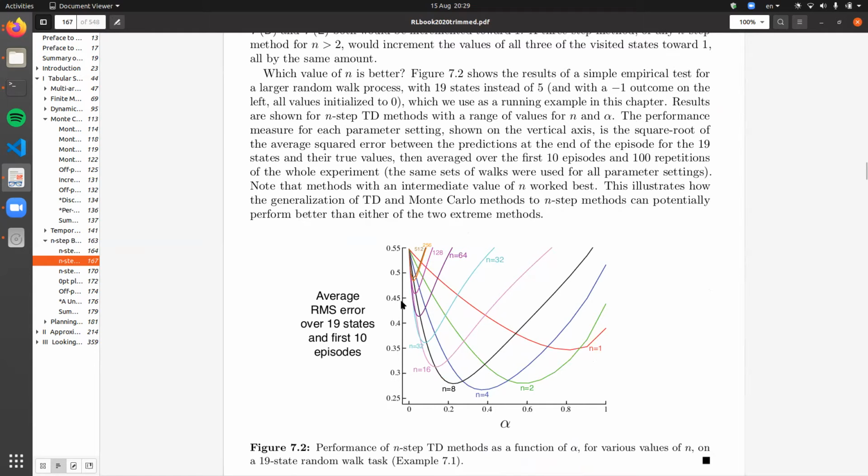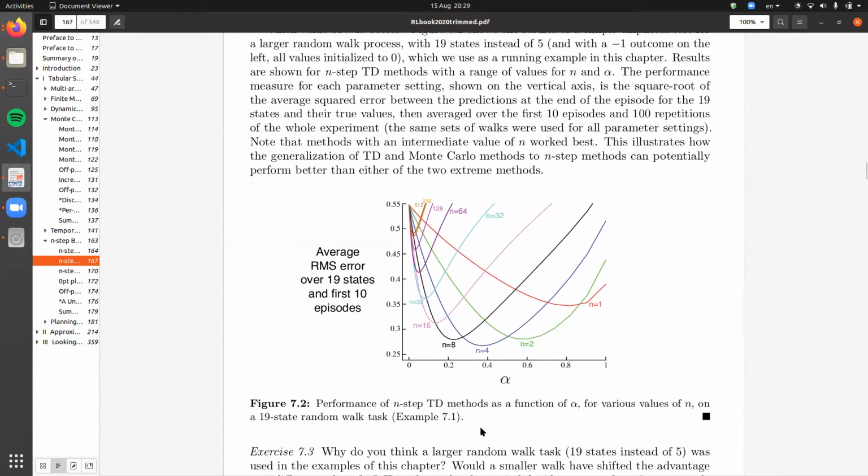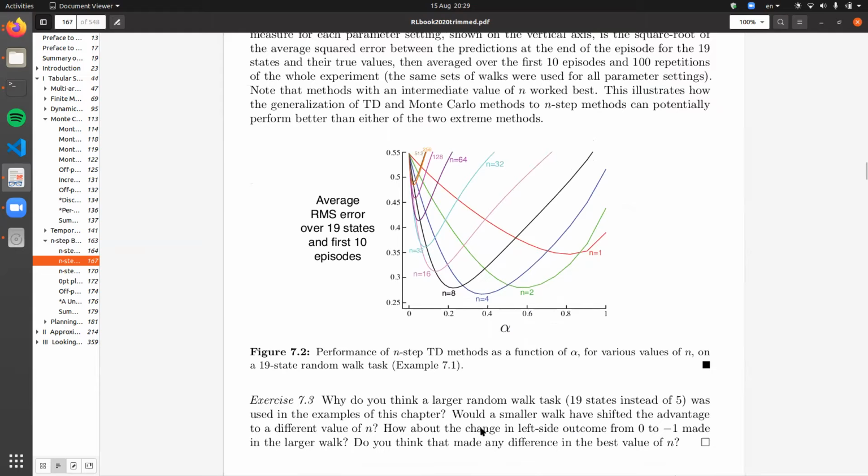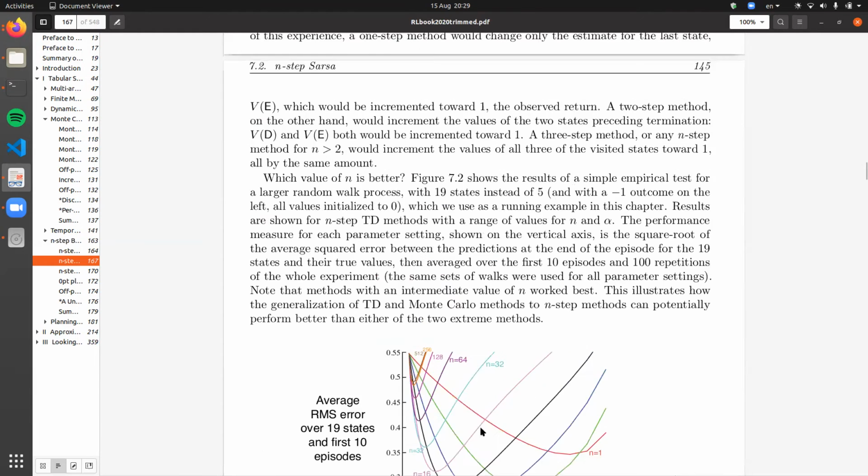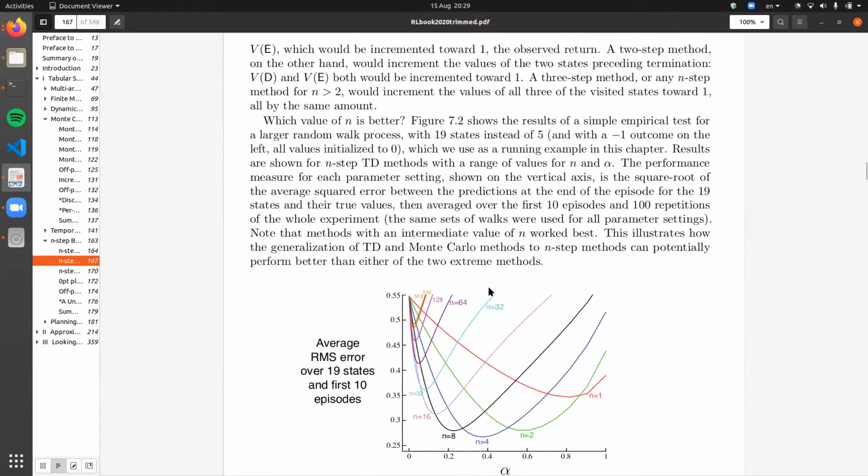The task here is to estimate the state value function for the states. And here we use 19 states instead of the 5 that were used in the similar example in chapter 6.